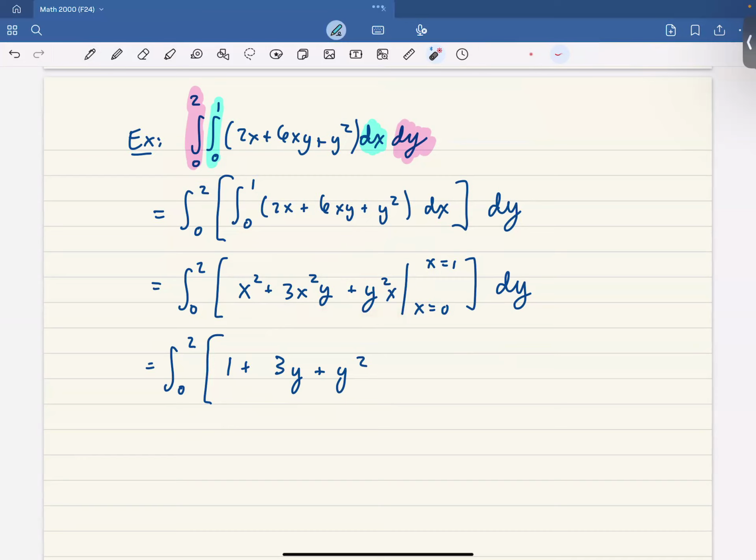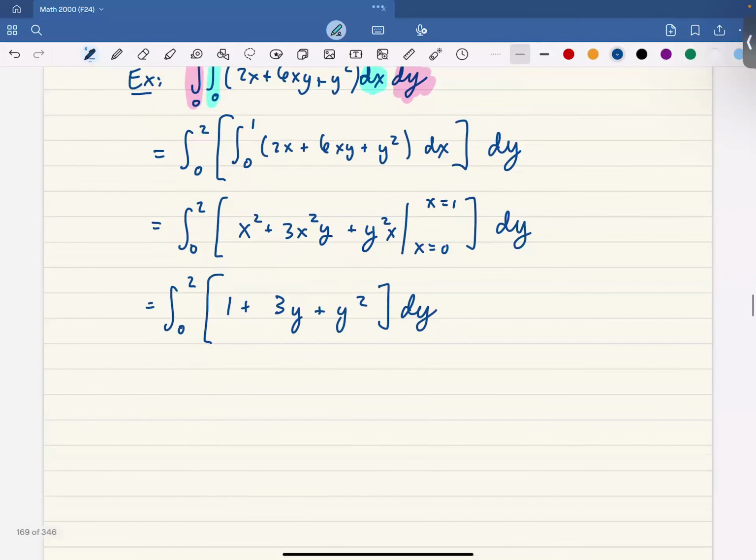When we plug in x equals 0, we get 0, because this is a polynomial in x. And so now we've reduced this to just a single integral. This is basically just a Calc 1 integral. We have 1 plus 3y plus y squared. I don't even need to rewrite that. We can just evaluate that directly. So if we integrate 1, we'll get y.